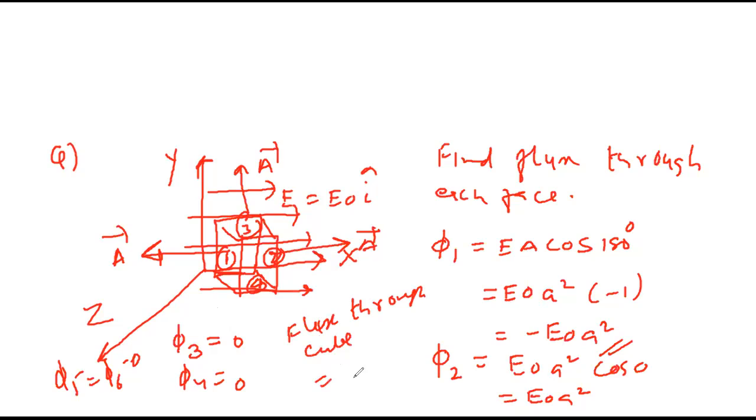Clearly it is phi 1 plus phi 2 plus phi 3 plus phi 4 plus phi 5 plus phi 6, and you are getting the answer.